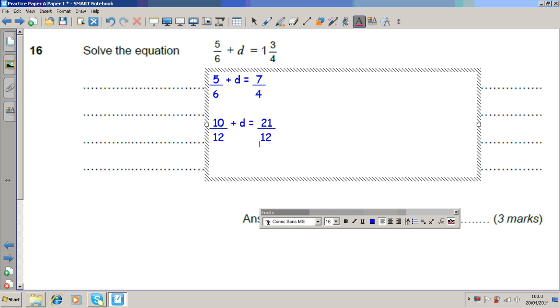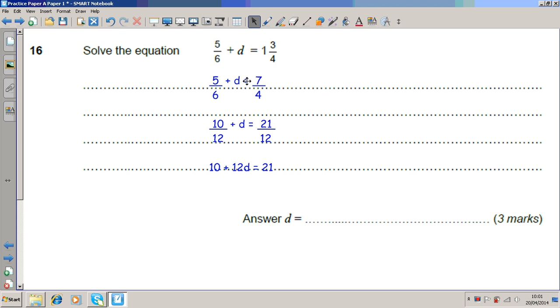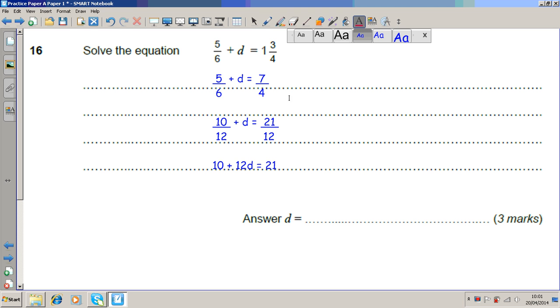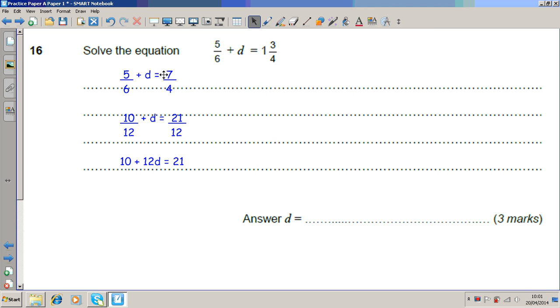Okay, now the tricky bit is we need to times everything by 12 to get rid of that fraction. So we do 10 12ths times 12, you just get 10. D times 12, 12d, and 21 over 12 times 12 is 21. And we're starting to get somewhere. So, I'm going to carry on. Let's just move that here so I can carry on underneath.